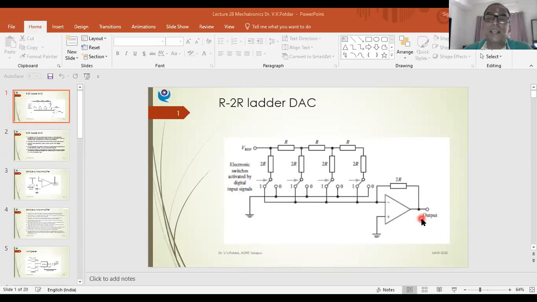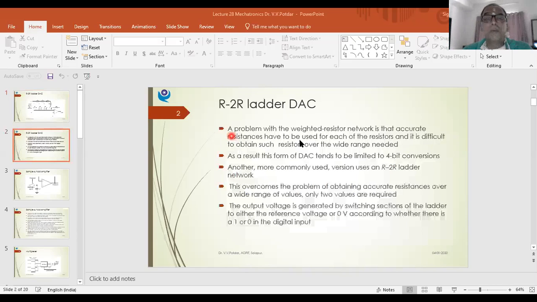Let us quickly see the description. The problem with the weighted resistor network is that accurate resistances have to be used for each of the resistors, and it is difficult to obtain such resistors over the wide range needed.